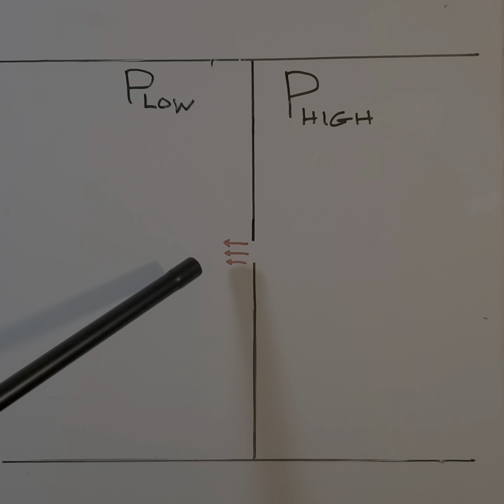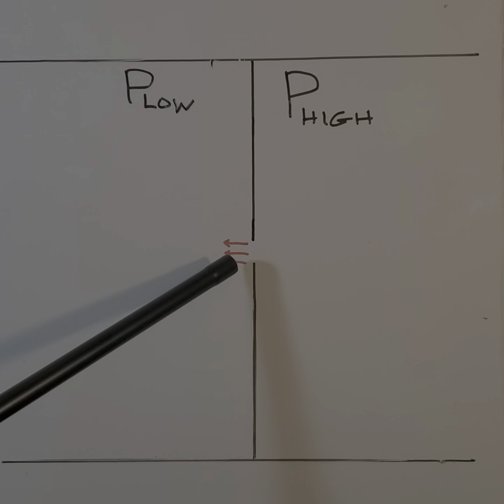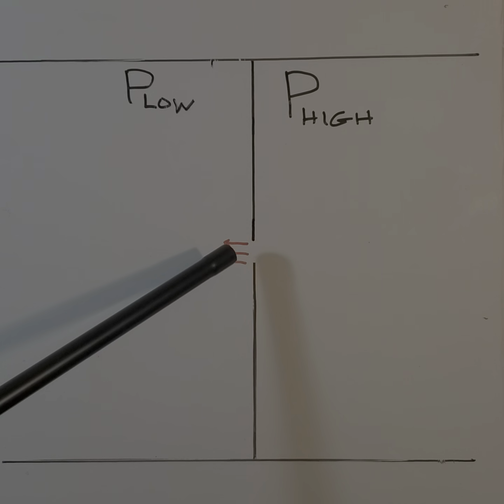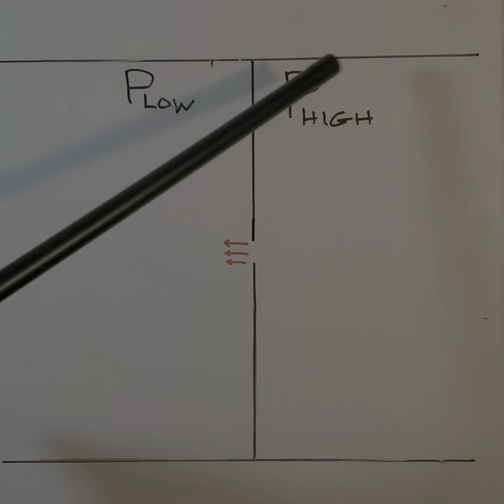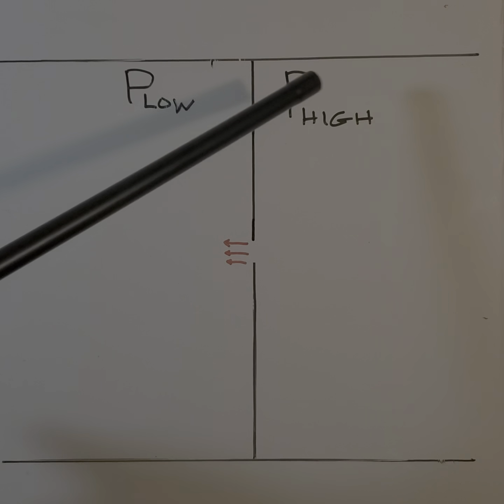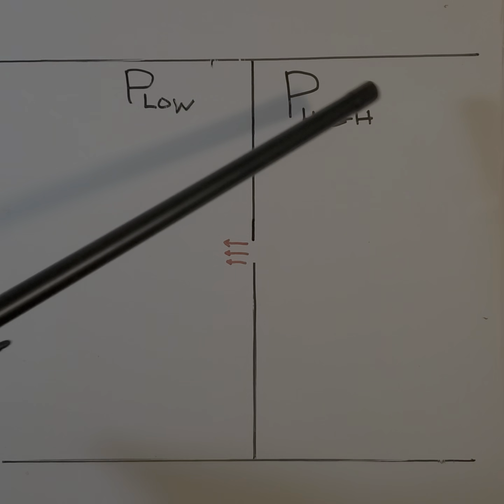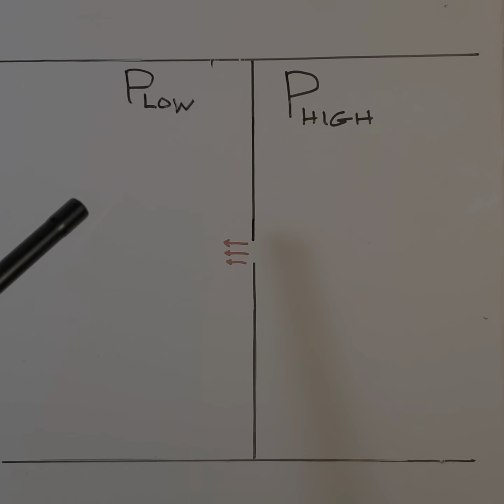First of all, the aperture that we are considering is very small relative to the size of the boundary enclosure on each side.